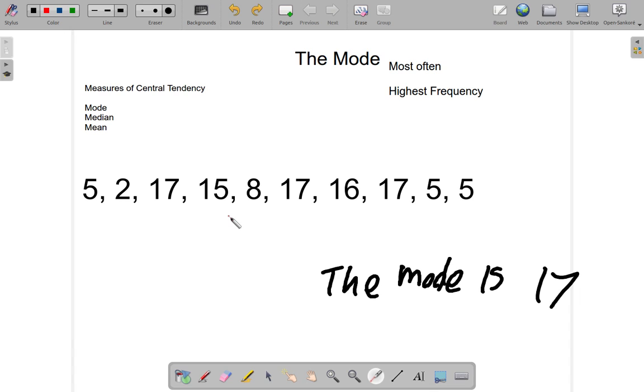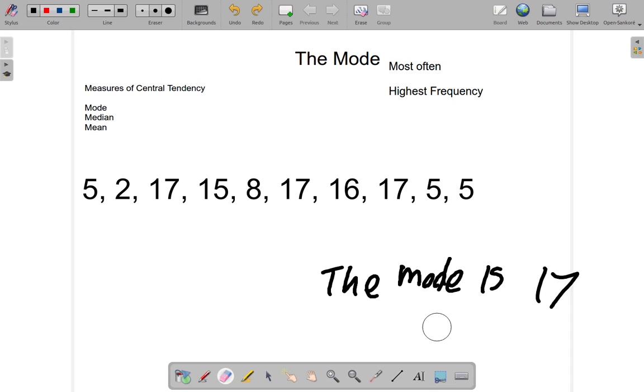Alright, we have a little situation here. We have 17 3 times, and we have 5 3 times. Okay, in this case, you see that you can have more than one mode. It's called a bimodal.